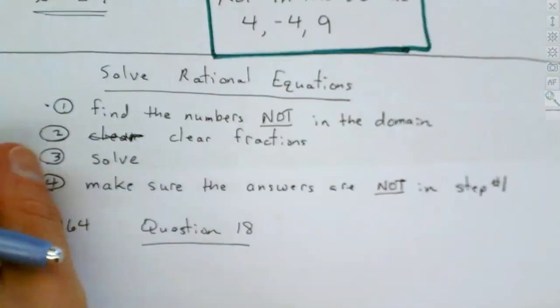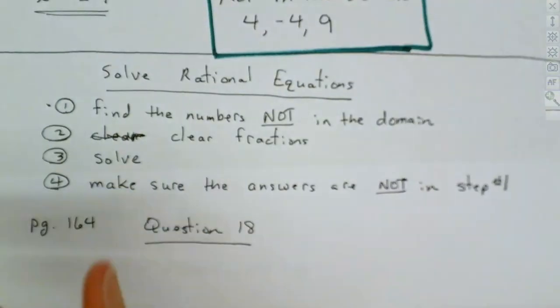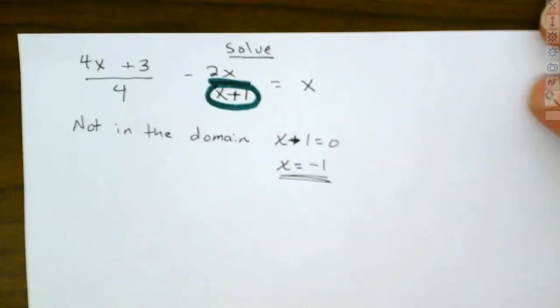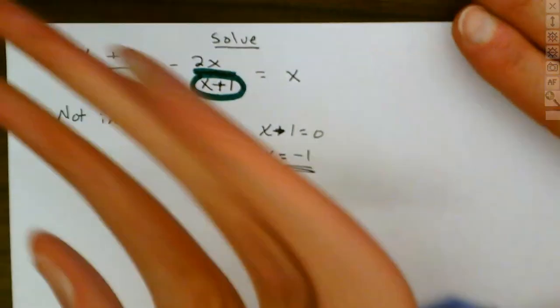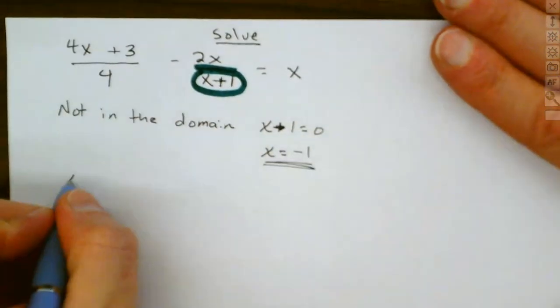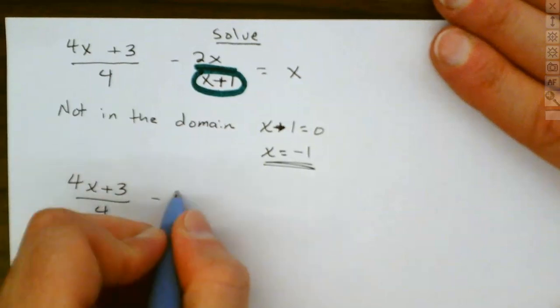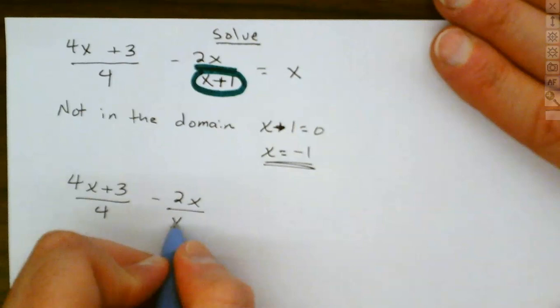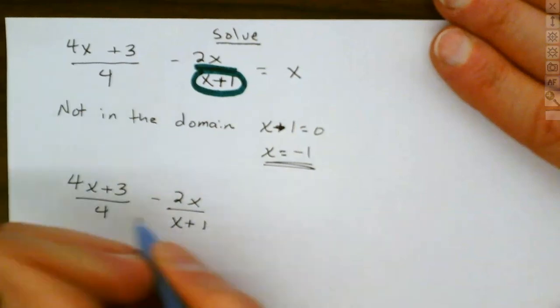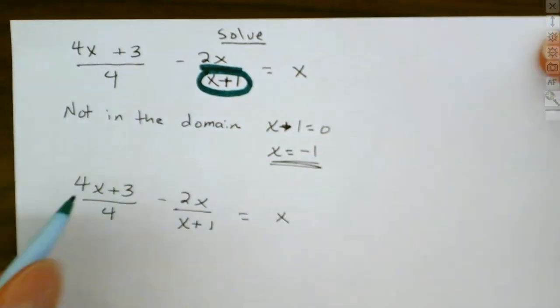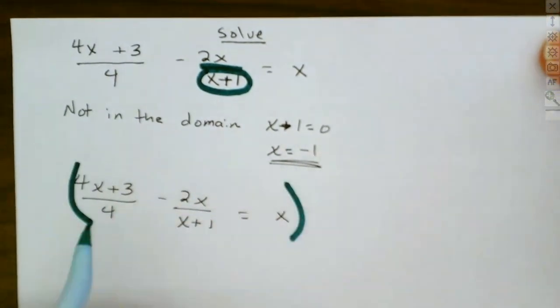Now we proceed to step 2. And what was step 2? Clear fractions. How do we clear the fractions? Well, we look at it in one big problem, and we figure out what we need to use all at once. So we're going to look at each piece holistically and figure out what we need to get rid of all the fractions. So the first one, what's down below? 4. So I'm going to need a 4.